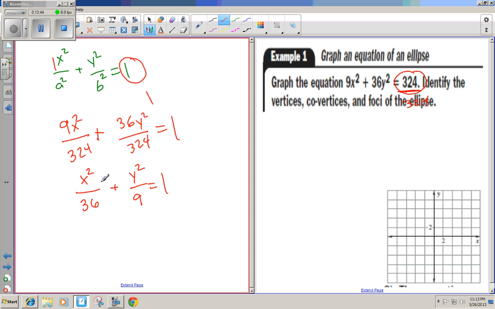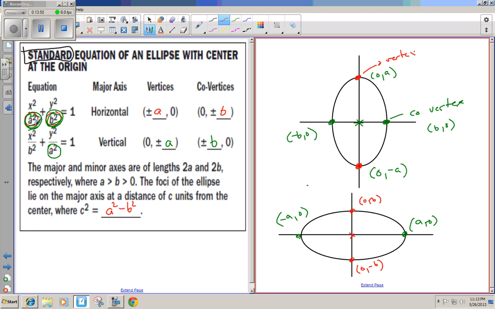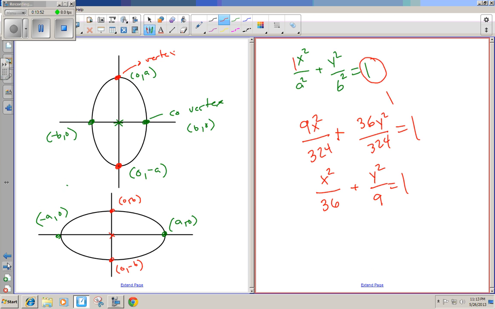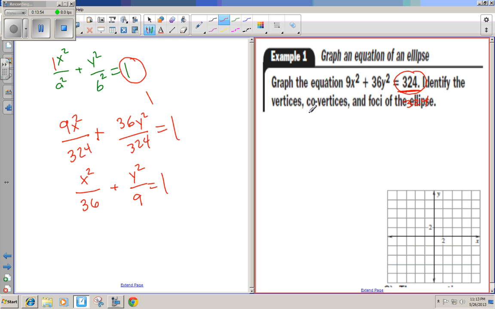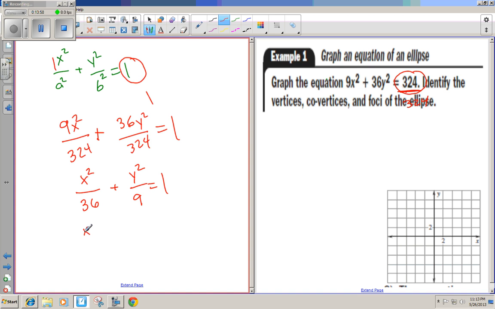So what we're looking at here, since the first number is larger than the other number, it's a horizontal graph. Let's rewrite it like this. 36, of course, is 6 squared and 9 is 3 squared. So that means here, this number is bigger.